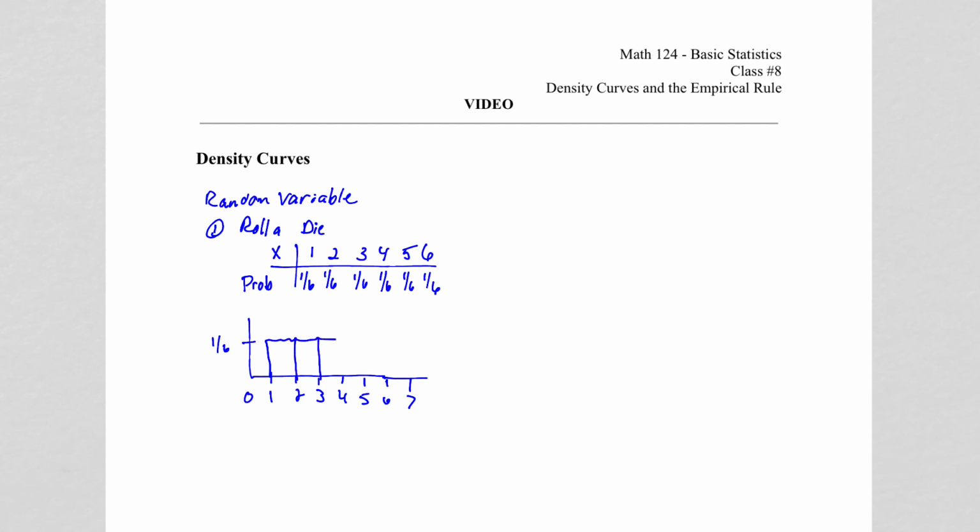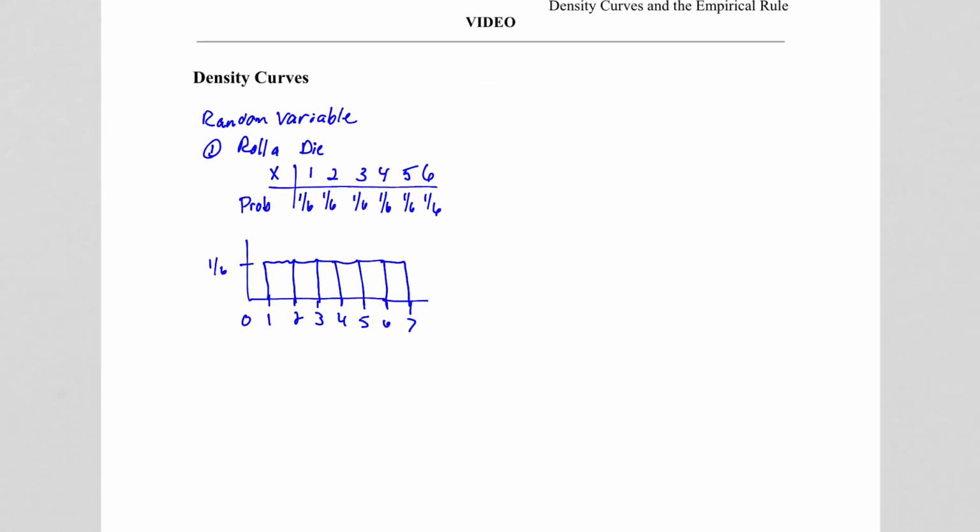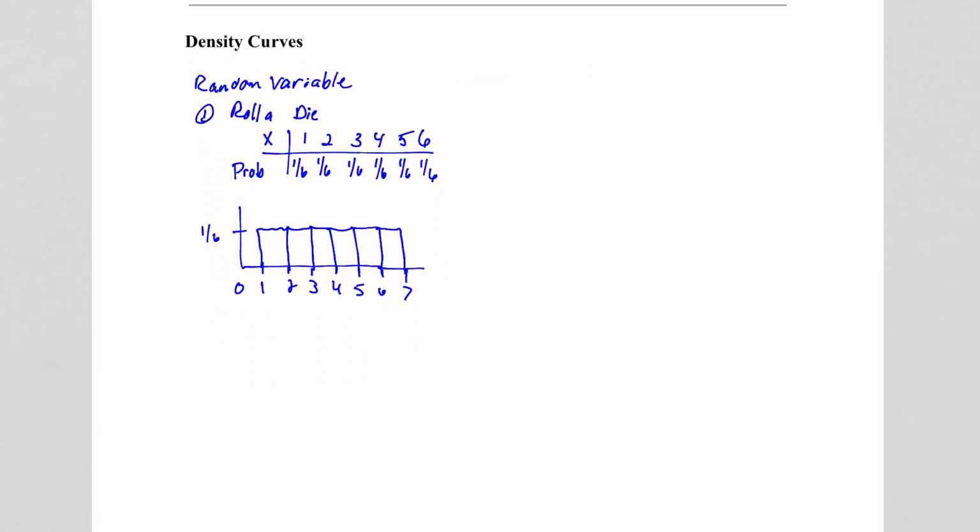So you can see here we have a distribution, and each one of those values is very defined. The die is either going to be 1, 2, 3, 4, 5, 6. There's no chance you're going to get 2.5, 3 1/4. This is what's called a discrete random variable.